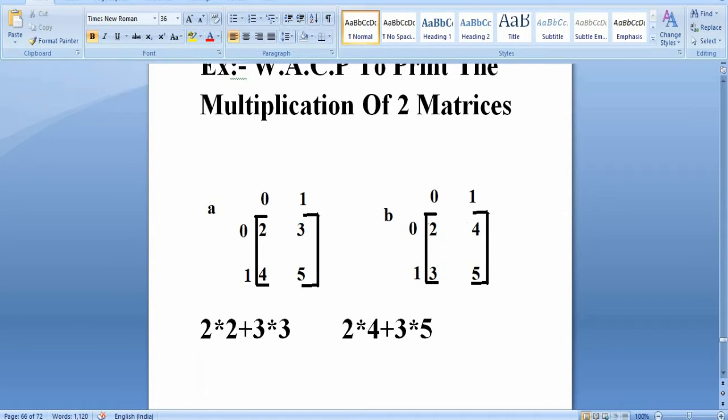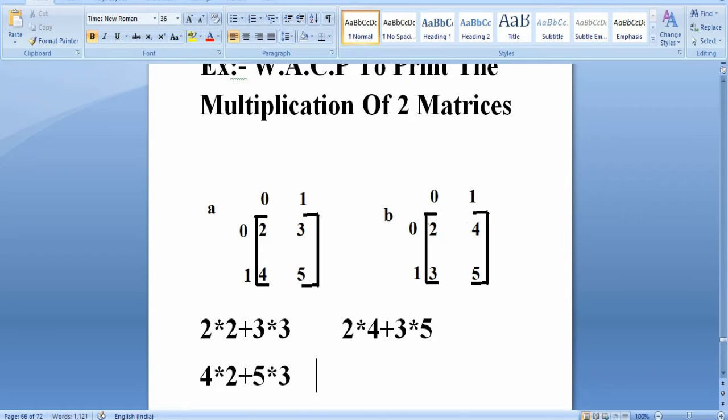Similarly, the first row 0th column of A, which is 4, is multiplied with the 0th row 0th column of B, which is 2, plus the first row first column of A, which is 5, multiplied with the first row 0th column of B, which is 3.